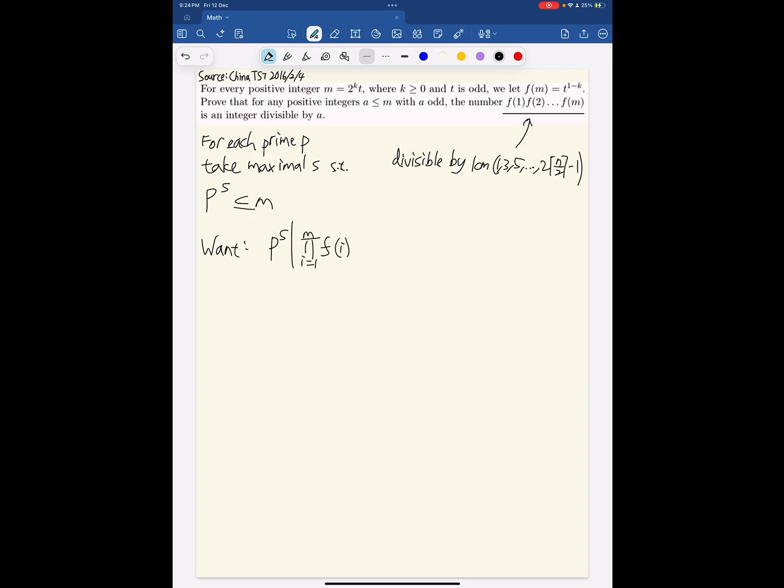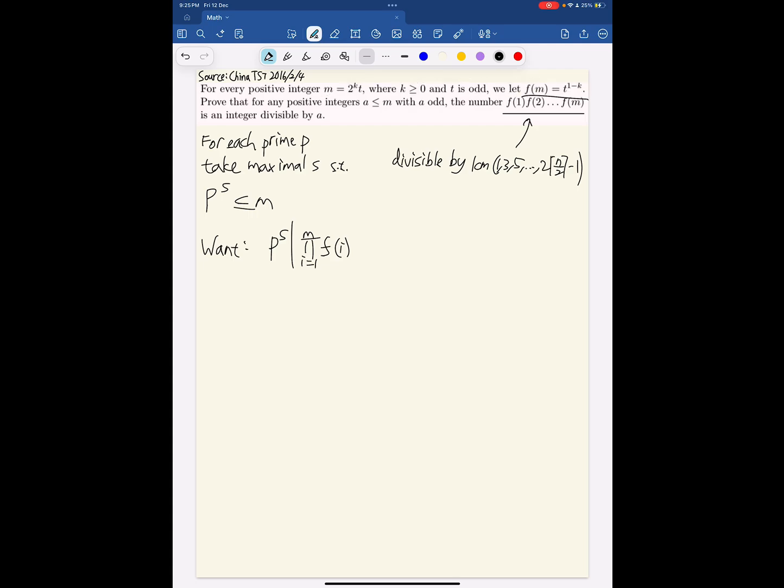Next, let's characterize f of m a little. So basically what it's telling us is that k is v2 of m. And then we have the thing remaining when we divide m by all of its 2's. Then we take the 1 minus kth power.